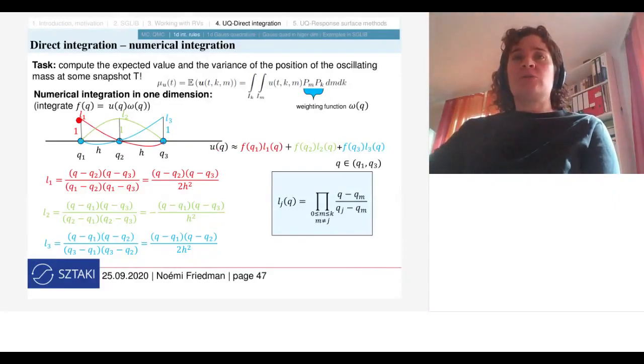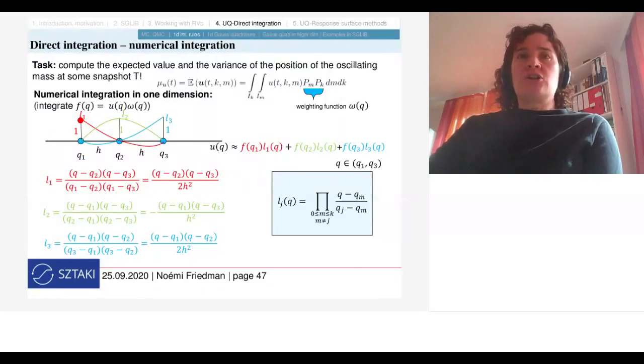And now we will use the Lagrange basis functions that you probably know, because you also use them as finite element basis functions. So the Lagrange functions are nodal basis functions, meaning that at a specific point, they take values either 1 or 0. So if I have 3 points, for example, I note them with 1, 2, and 3.